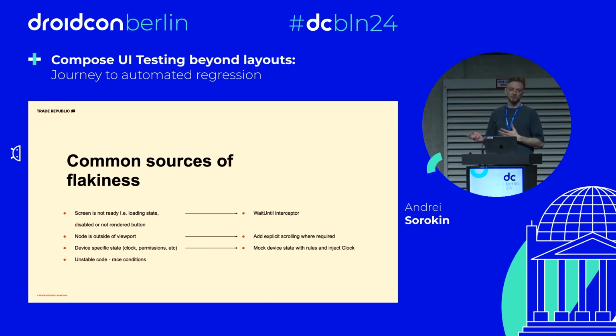And then sometimes you have unstable code, because UI testing clicks really fast. You cannot click faster than that. It just goes through your screen and does the actions incredibly quickly, so you find race conditions with it. For that, you just fix them, right? I think it's good to be aware that sometimes it's not the test, it's the actual code that you are trying to test.